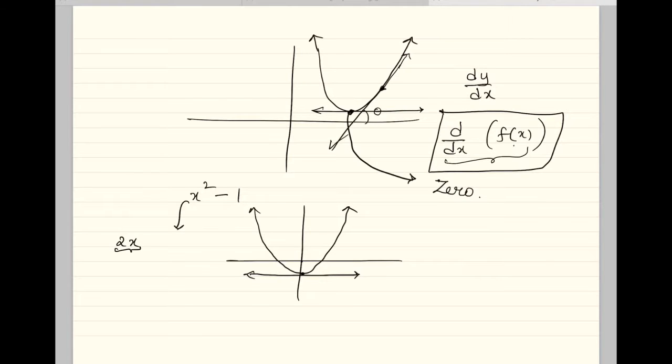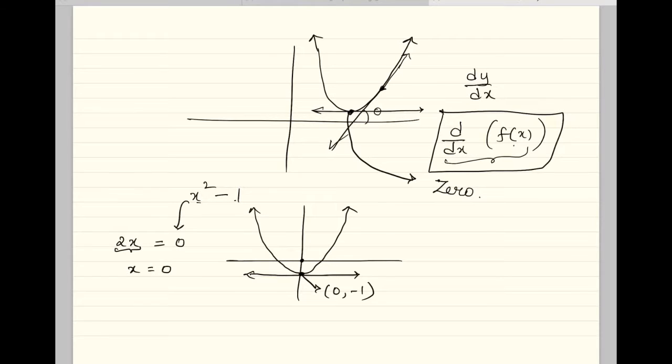And I should equate this expression to 0. What will I get? X equal to 0, correct? So this bottommost point x coordinate is 0, and what is this point? Put x equal to 0, you will get 0 minus 1, that is minus 1. So its point's coordinates are 0 comma minus 1. So this is how you find the point at which the slope of the tangent is 0.